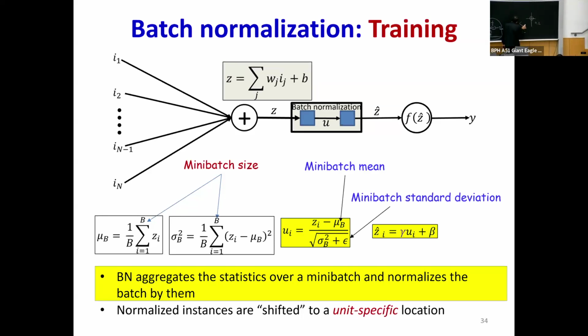If I want to move it to some new location out here, first I have to scale it up to have the same size as this, so that you have the right spread. So the first thing I do is gamma times u. These are my standardized data: I start off with something, standardize it, the z's become u. Then I scale it up, and then I add something.